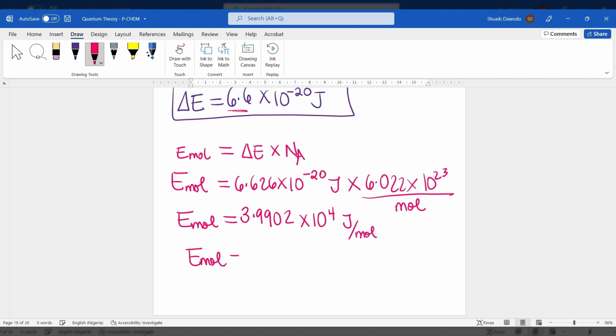So energy per mole is equal to 4.0, remember, in 2 sig figs, times 10 raised to the power of 4 joule per mole. But then again, we're supposed to find our answer in kilojoule per mole. So we're going to change this from joule per mole to kilojoule per mole. So when we do the calculations, we end up with 40 times.